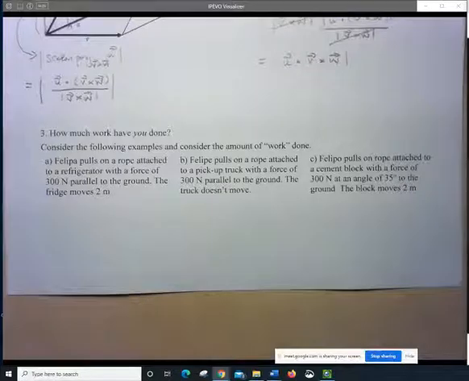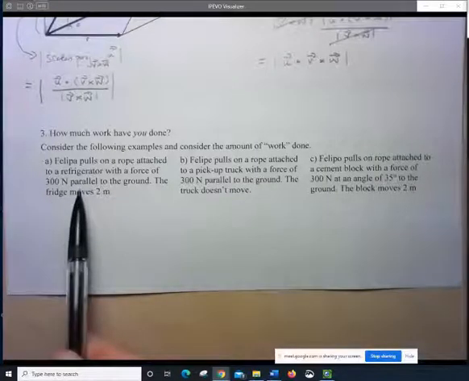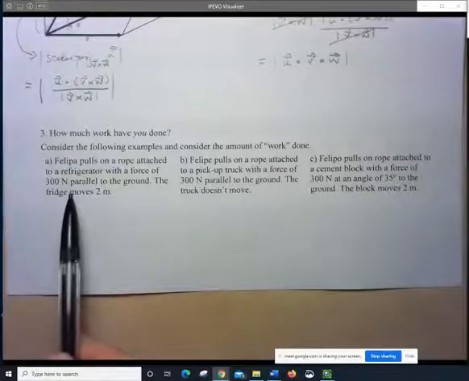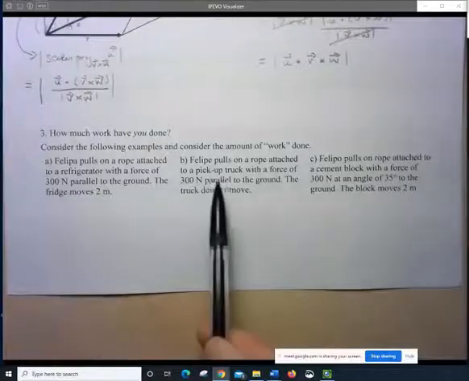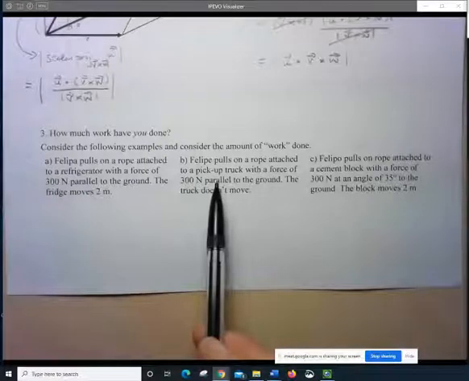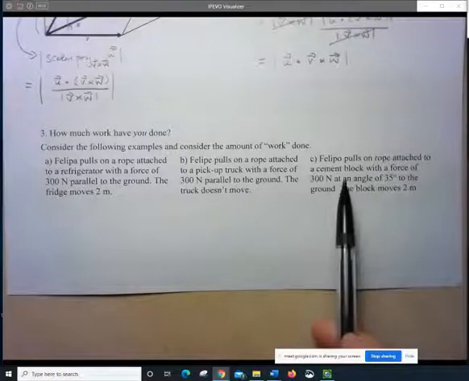All right, we're back. So let's not even give numbers here, but let's just think. Okay, has Felipa done work? Okay. Has Felipe done work? Okay, we got a few no's here. Has Filippo done work?